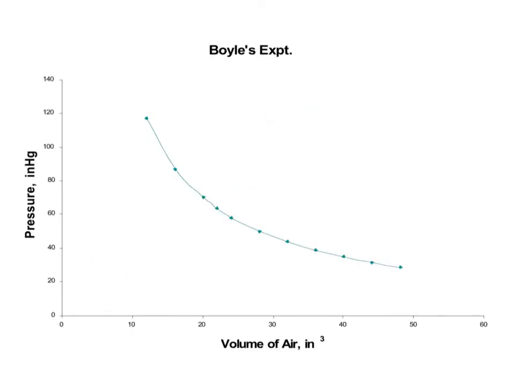So if you do a graph of pressure versus volume, this is in cubic inches, notice inches of mercury here, and it shouldn't matter too much. Let's see, this number might be around 120. Let's pick a different one here, 60.